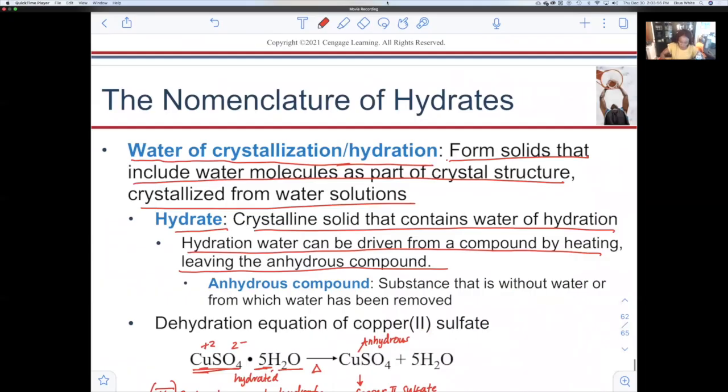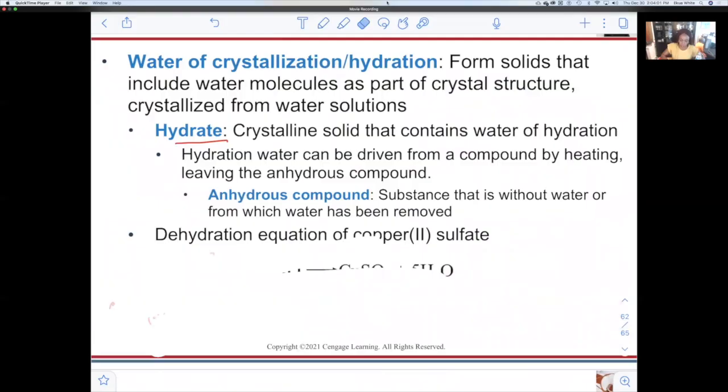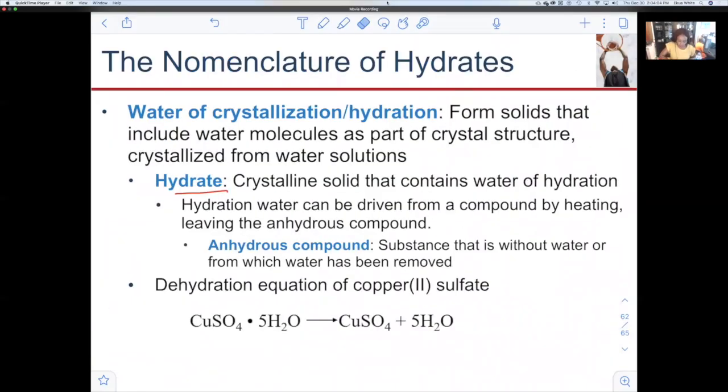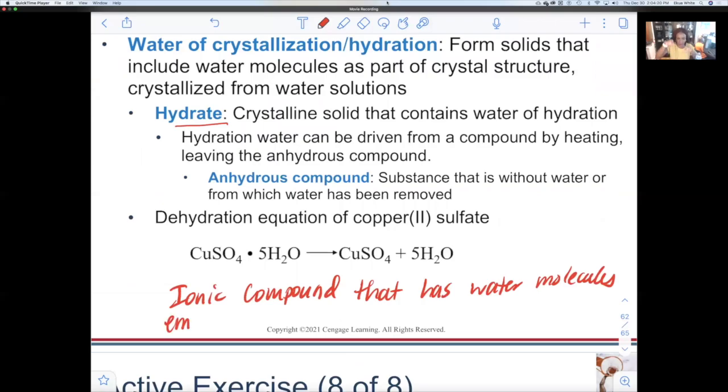With water crystallization, all you're doing here is taking an ionic compound that has water molecules embedded. Embedded is kind of put in, it's chemically combined, embedded in its formula.